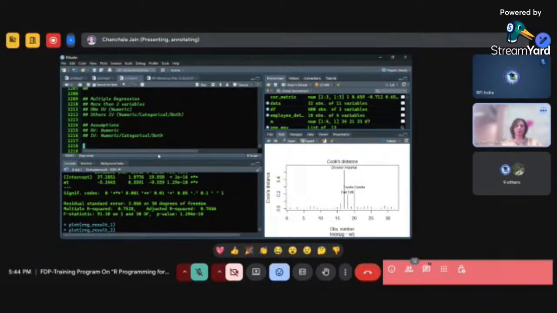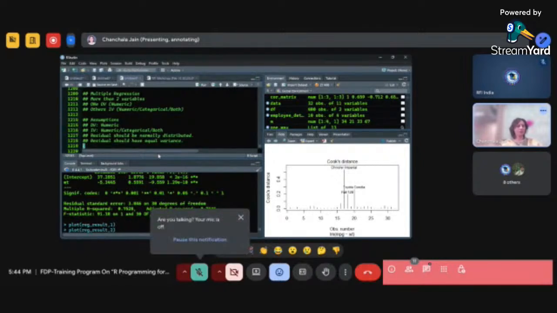These are the first two assumptions. Then coming to the next, talking about the residual. Residual should be normally distributed. Then residual should have equal variance, right?